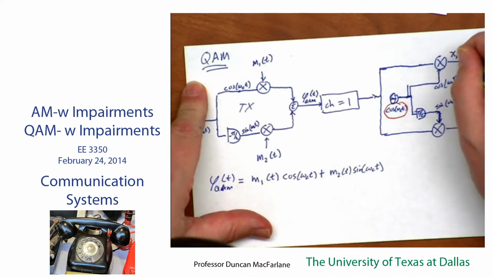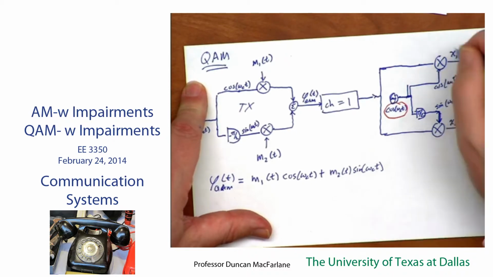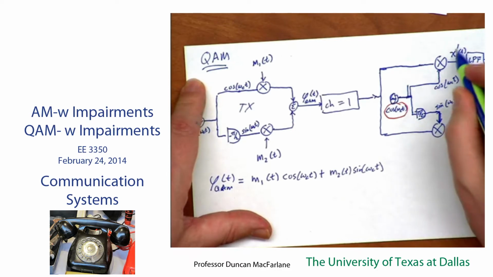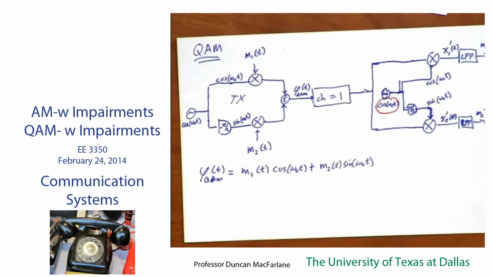I'm going to call this x1 of t, and this x2 of t. And I'll call this m1 prime of t, and this m2 prime of t, with a little dash just to say that it's not perfect. So as soon as I have that in there, it's not perfect anymore.